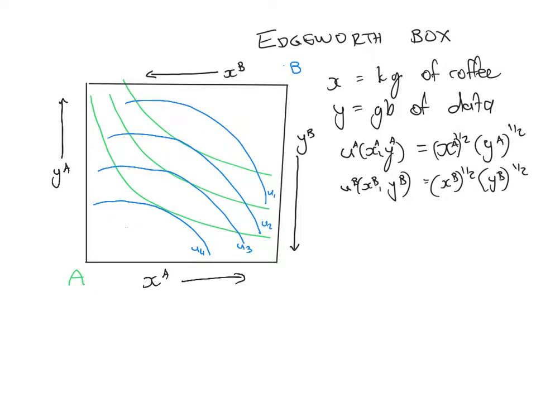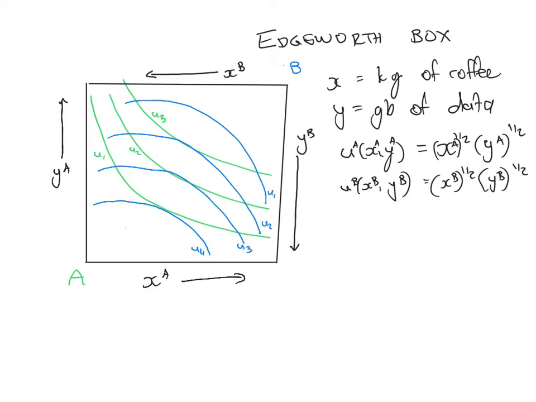The next question is, what are we thinking here when we've got these indifference curves? Well, we're going to have to think through what each of them likes and what the starting point is going to be.